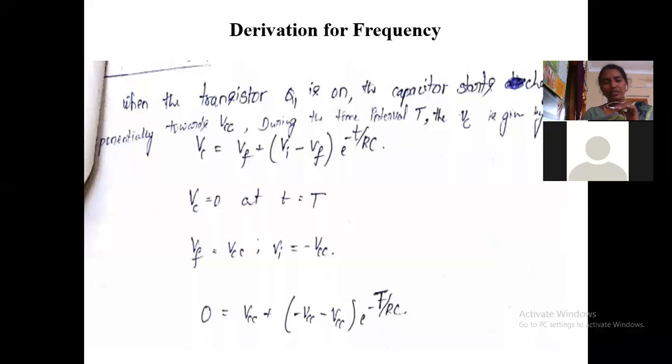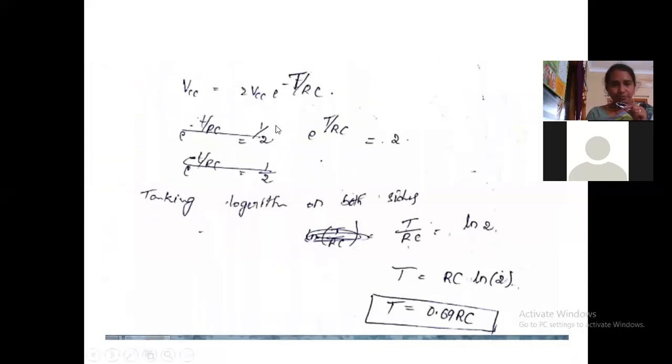When VCC is moved to the right-hand side, it becomes negative, so the negatives cancel: VCC equals 2 VCC e power minus T by RC. So VCC cancels. E power minus T by RC is equal to 1 by 2.